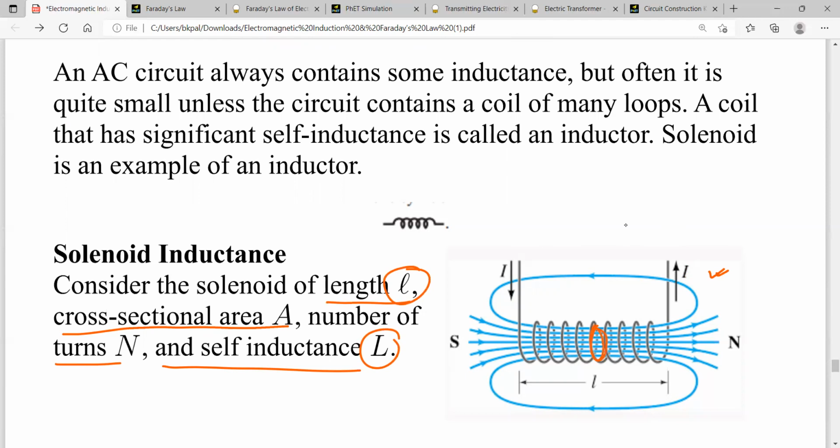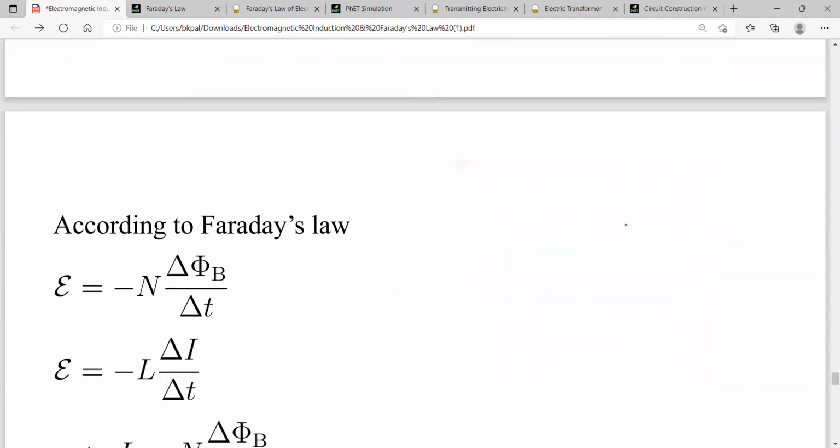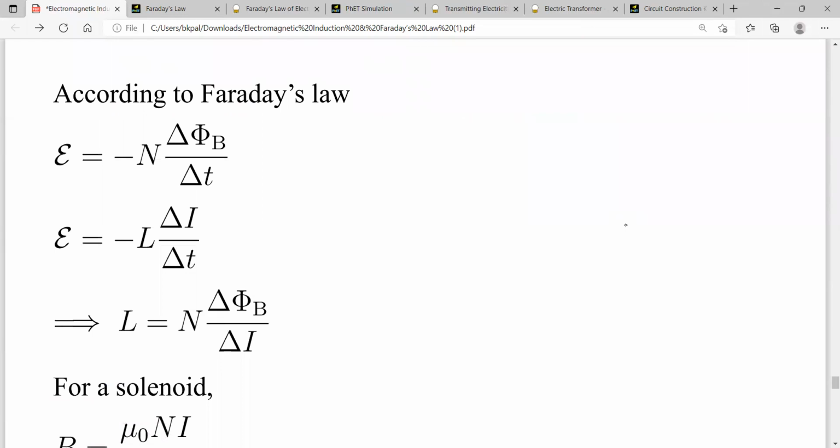All right. Now, from Faraday's law, we already know that the induced EMF is equal to negative N delta phi B over delta t. And from the equation of the self-inductance, what we just learned is this, right?